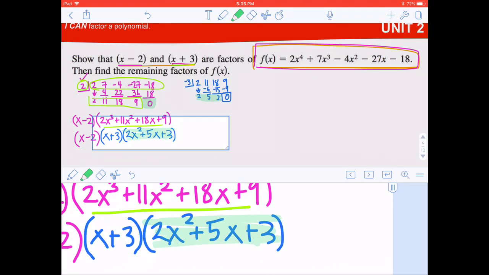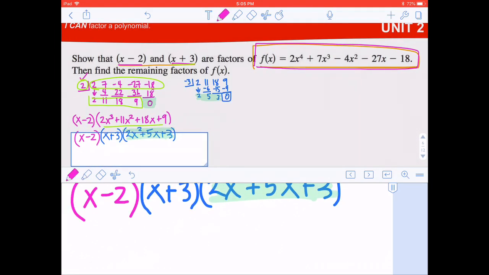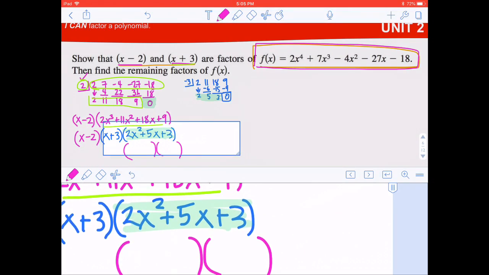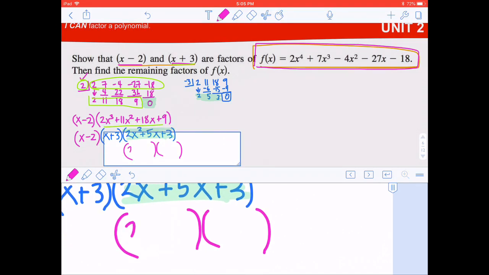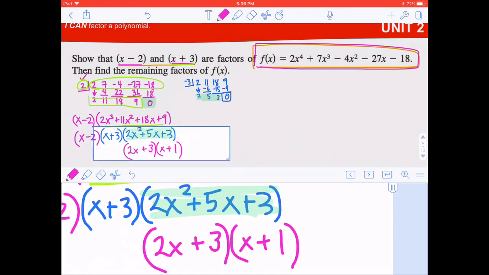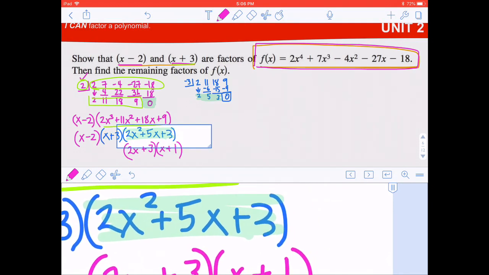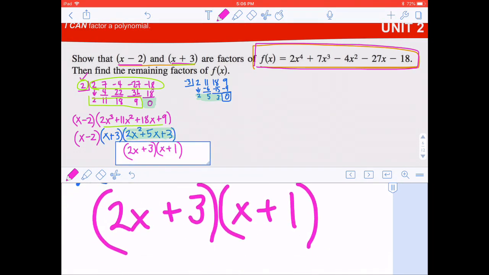Now that's a nice, easy polynomial here that we can try to factor because it's just a quadratic. So we have 2x and x. And let's say we have 3 and 1, and those are going to be positive and positive. So that is this polynomial here factored out.